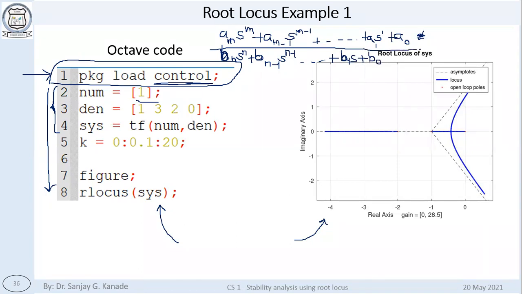So this will be the representation of the open loop transfer function, whichever is given. Remember, these are the coefficients of the open loop transfer function polynomials.